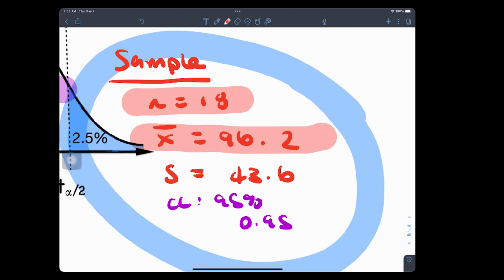If you take another sample of the exact same size, what do you think the mean might be? It's not going to be 96.2 exactly. Probably not. Maybe, but it'll be close to 96.2. Take a third sample of sample size 18. Compute the sample mean. It might be close to 96.2, but it'll be a different number.